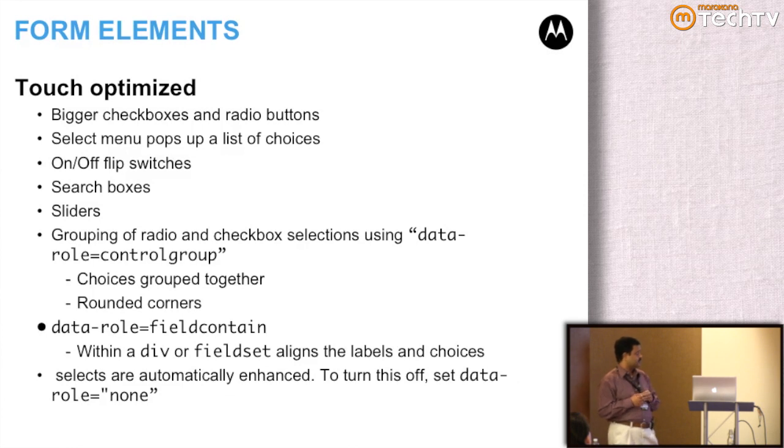Then there is support for on and off switches, search boxes, sliders, that's again mobile device specific, and then you can actually group all of your radio buttons or checkboxes, so that it is very clear to the user that they all belong to the same category.